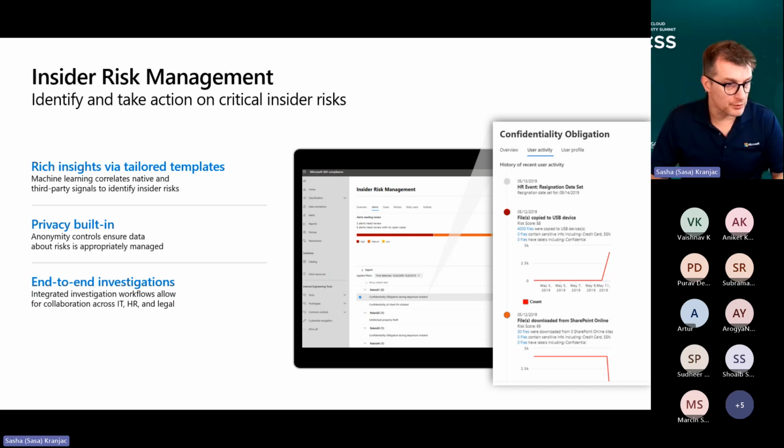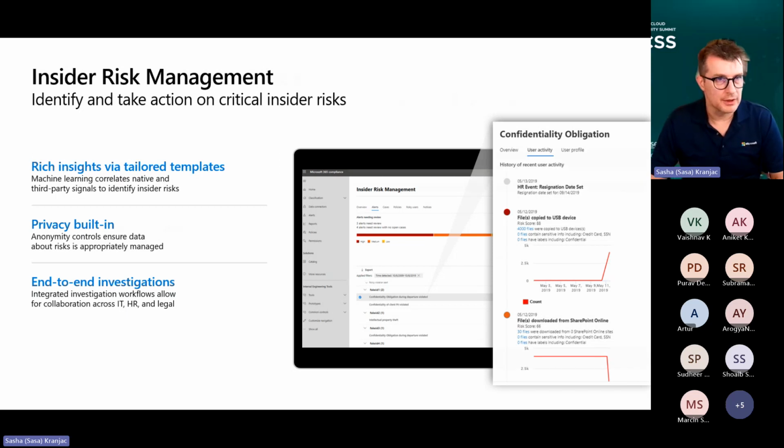Additional third-party signals from HR systems, for example, can be included via an API-level integration. We also have a set of very robust configurable playbooks tailored specifically for risks like digital IP theft, confidentiality breach, or potential security violations, and so on.